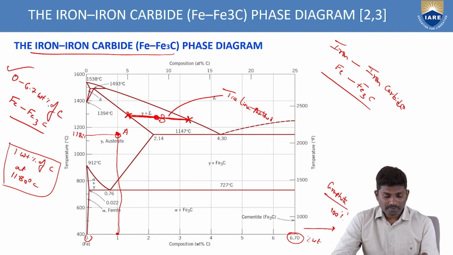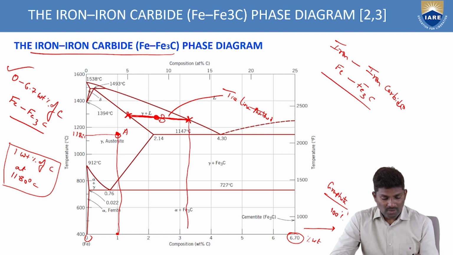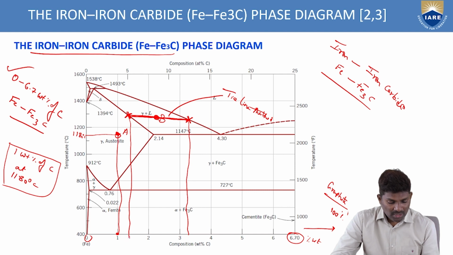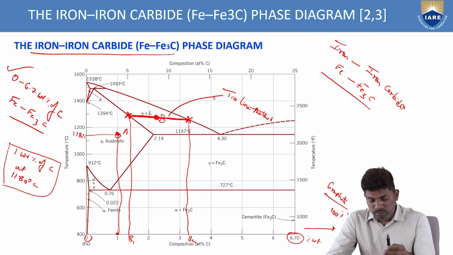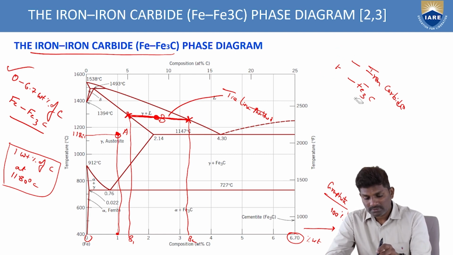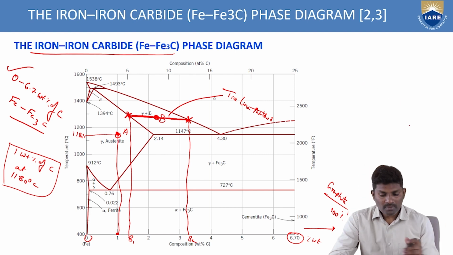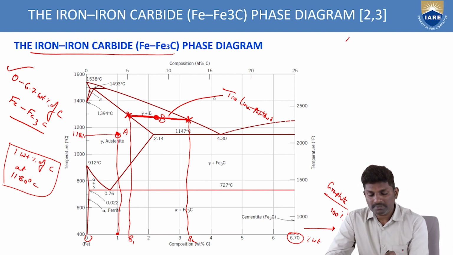Now I'll draw vertical lines along the compositions at these two points. So that is B1 and B2. So I have two points, B1, B2.